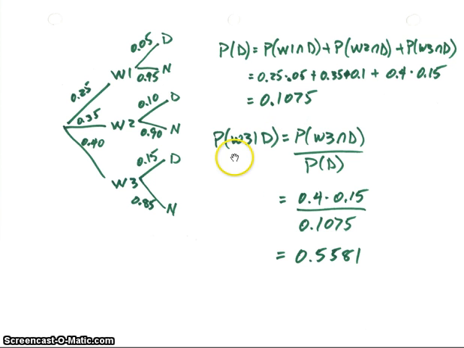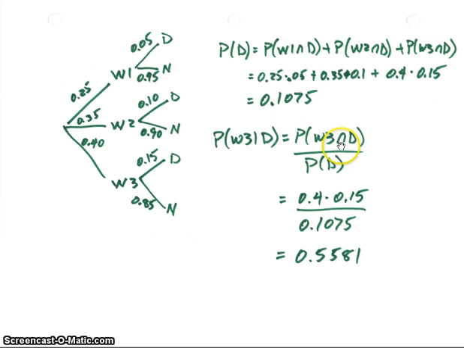Alright, so let's also now calculate the probability, given that we have a defective part, what's the probability it came from worker 3? So we know that that'll be equal to the probability that worker 3 made it and it was defective, divided by the probability it was defective. We already calculated the probability of defective, that was our 0.1075.